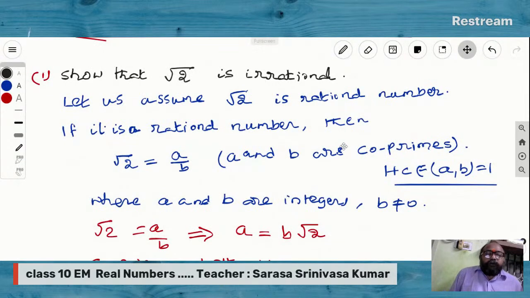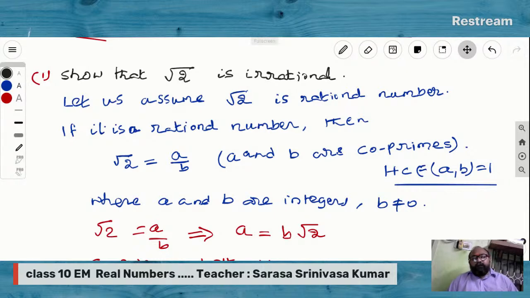Show that square root of 2 is irrational. To show that square root of 2 is irrational, we assume that square root of 2 is a rational number. If square root of 2 is a rational number, then we can write square root of 2 in p by q form.